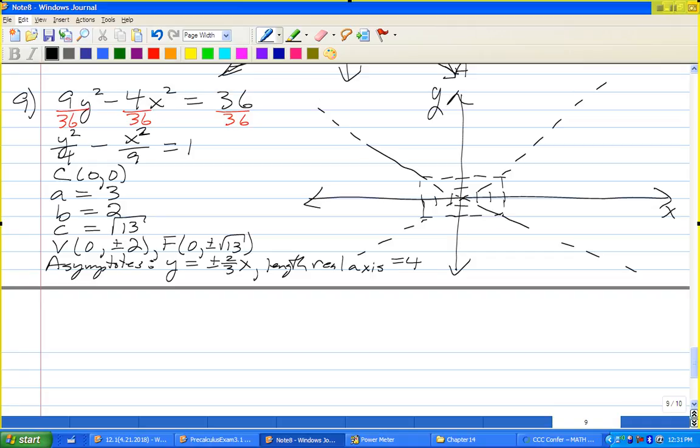And so y is positive. So here are your center, your vertices, and square root of 13, about here. Here are your foci. And this is what your hyperbola should look like. And here are your asymptotes.